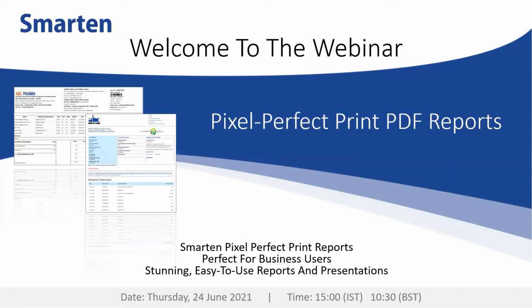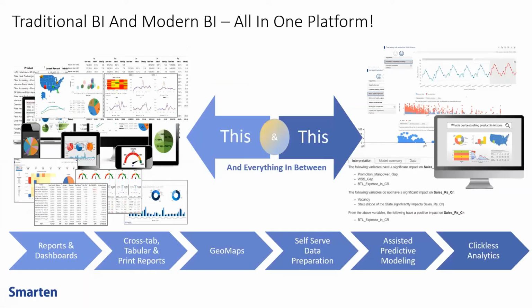So as you know, Smartan is one of the very few tools that covers both the traditional BI and modern analytics components. So right from reports, dashboards, cross tabs, and geomaps and other stuff to analyze your descriptive data or data of the past. We also have the advanced analytics components such as self-serve data preparation, assisted predictive modeling, and NLP search capabilities.